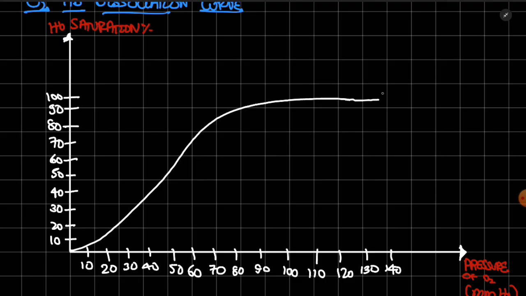So somewhat like this point. We will consider this point. This is a little away from 140, but around this range, 135 to 145, is the range where the Hb saturation is 100%.